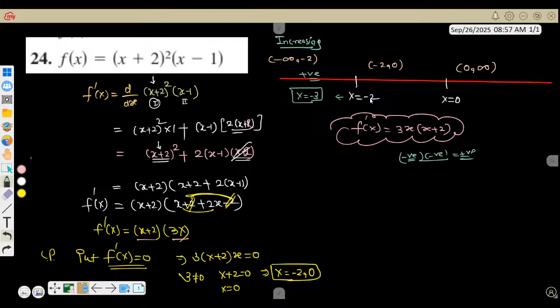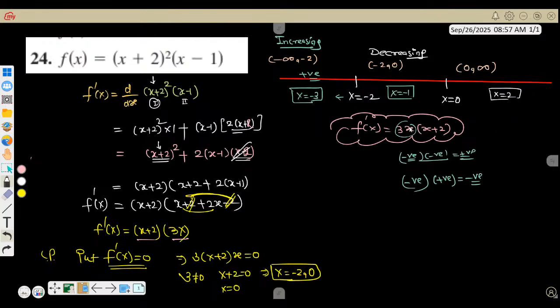Now choose any number between minus 2 and 0. Let us suppose x is equal to minus 1. When we plug in minus 1, one part becomes negative and the other part positive. So the derivative is negative. It means in this interval my function is decreasing. And now choose any point greater than 0. Let us suppose 2.